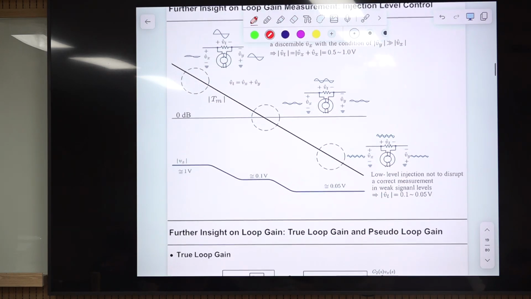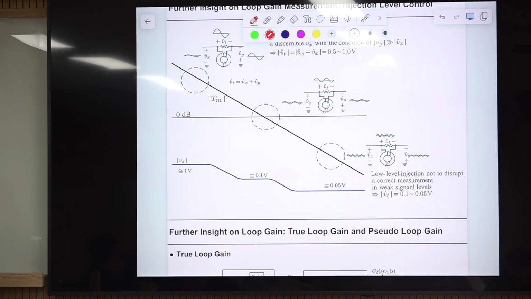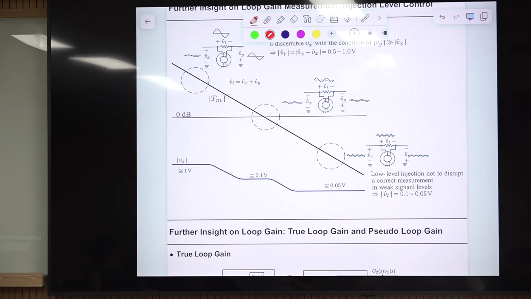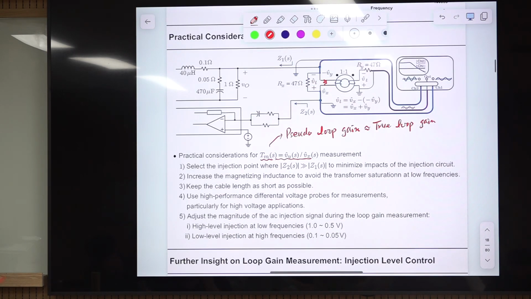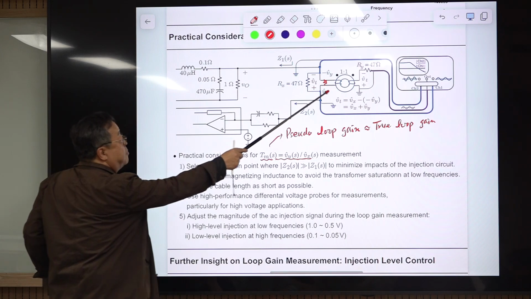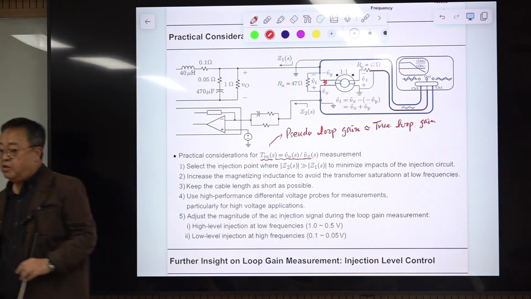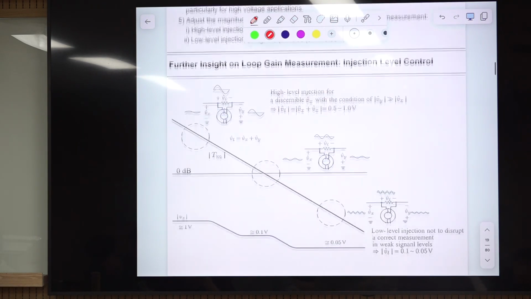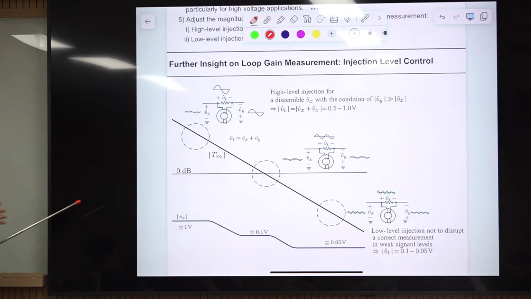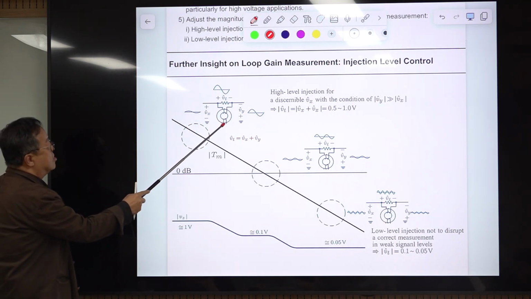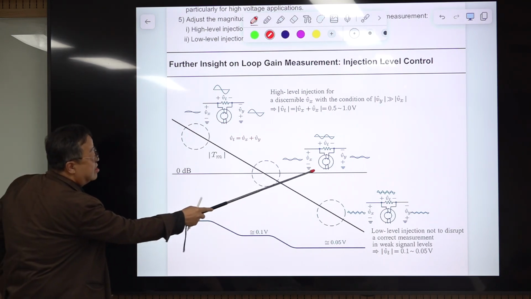And in this slide, I'd like to mention something else. This is the simplified version of the injection signal here. I ignored this part, and I already drew this transformer. This is not an ideal transformer, this is a practical transformer, and the injection signal is coming in this side.